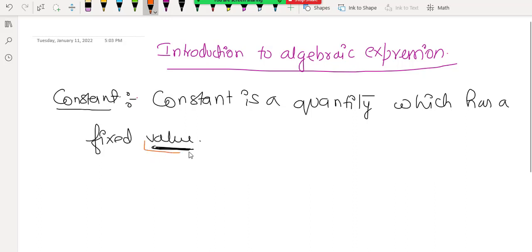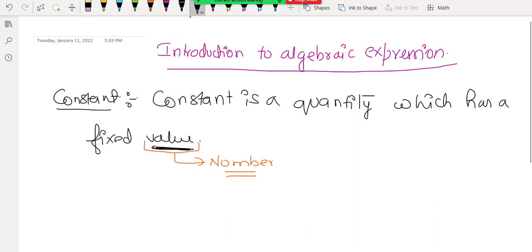First of all, you have to understand what is value in mathematics. Value means nothing but a number. Constant is a quantity which has a fixed value. That means a quantity which has a fixed number, and we represent constant in the form of a numeric symbol.